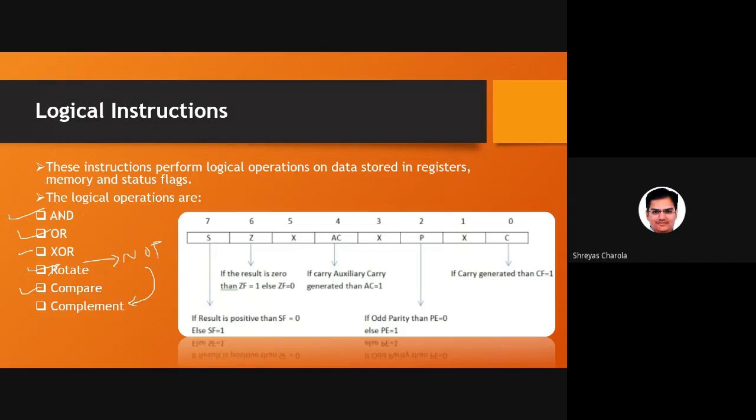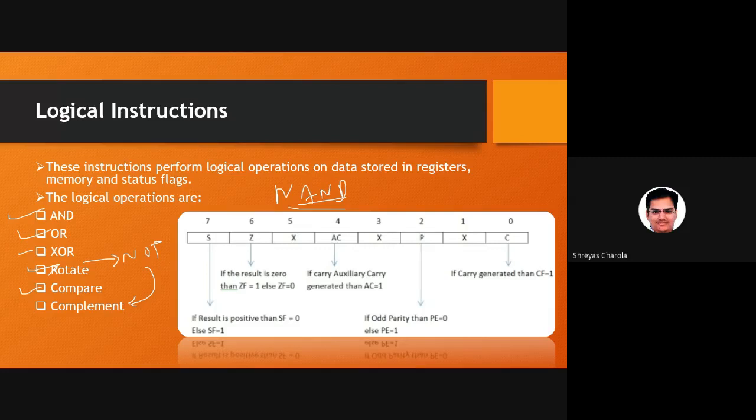Suppose we want to implement a NAND gate, but there are no instructions for NAND, NOR and XNOR. So what will you do for that? AND plus NOT. Very good. That is what we can discuss here.